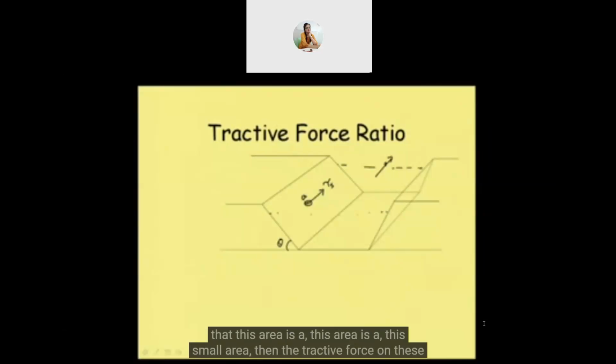Then the tractive force on this particular area will be tau S into A.